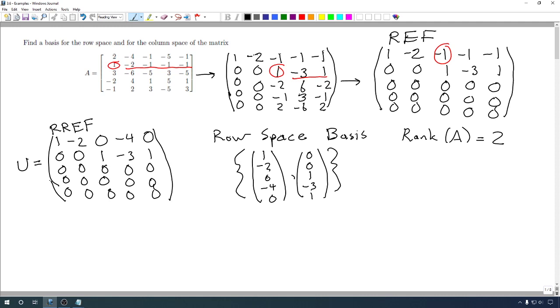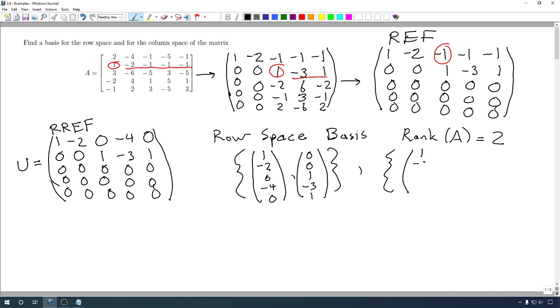Now, as I did mention before, we can use just the regular REF. This is not the only possible basis for our row space. We could have used the first two rows of our REF matrix.